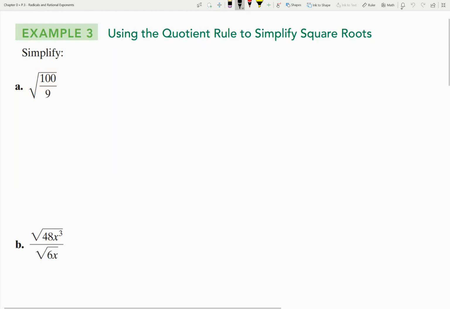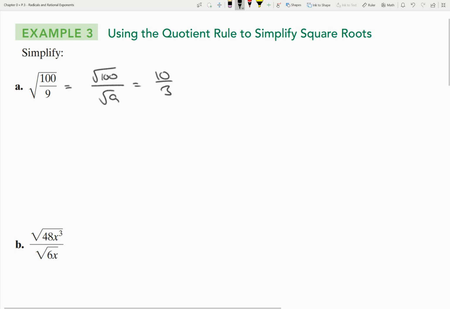In the first one, the easiest, 100 is not divisible by 9. If it was, I would divide it and then take the square root. I would use sort of the same idea as I did before, the square root as parentheses. But since that doesn't work, I can separate it into 2 different parts and then get 10 over 3 as my solution.